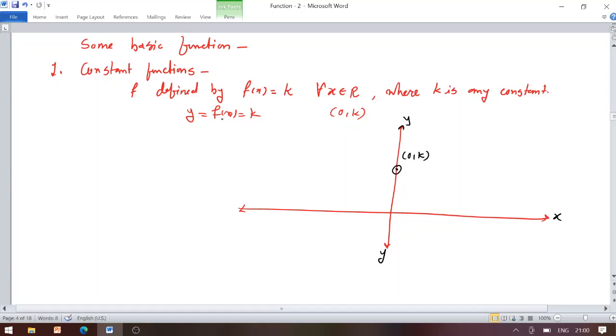So y equals f of x equals k, or just y equals k, is a line parallel to the x-axis passing through the point (0, k), having the equation y equals k, or y equals f of x equals k.